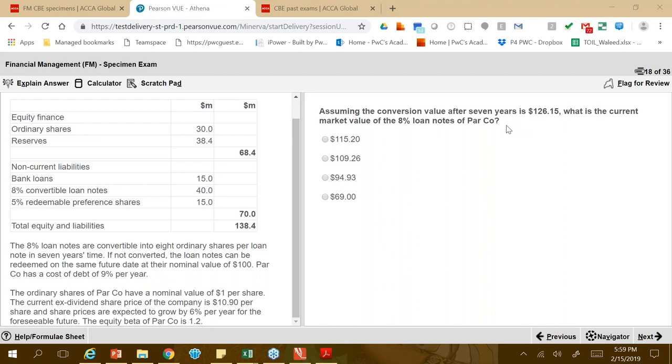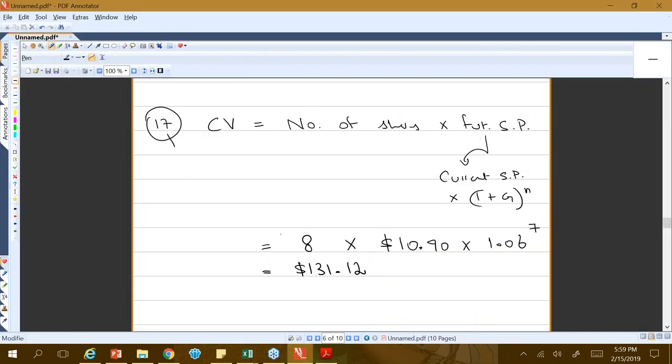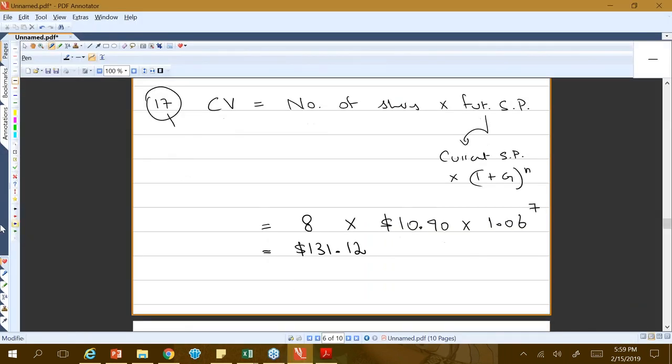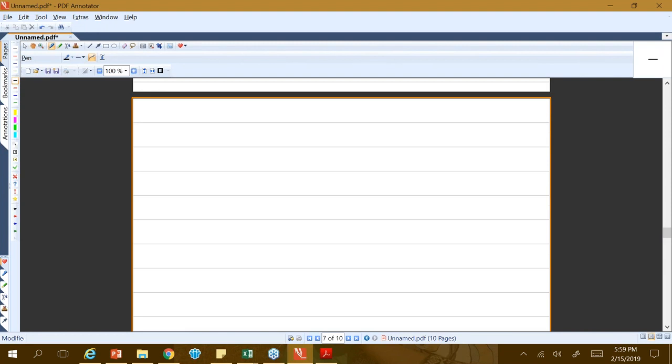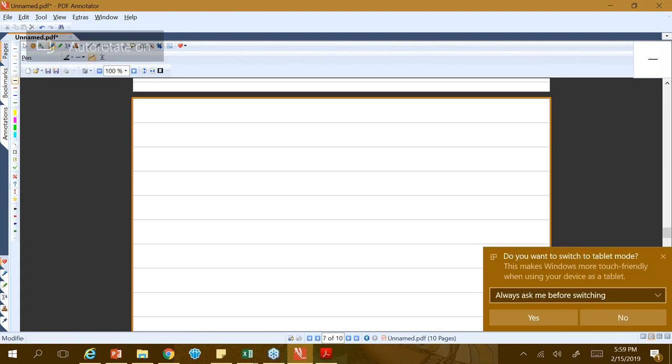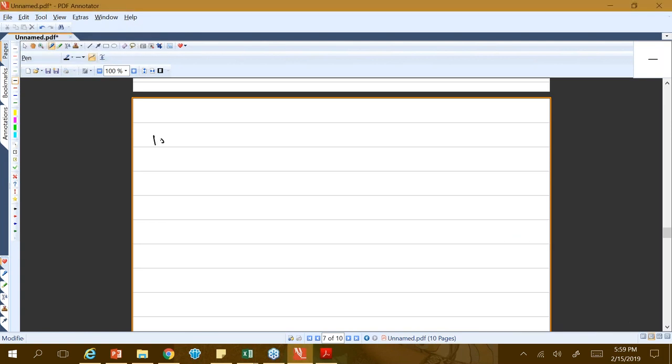So we have to do this working now. Question 18. The conversion value given now is 126.15, and they're asking for the market price.